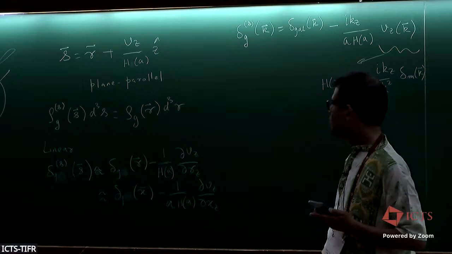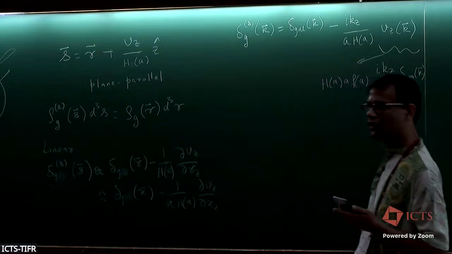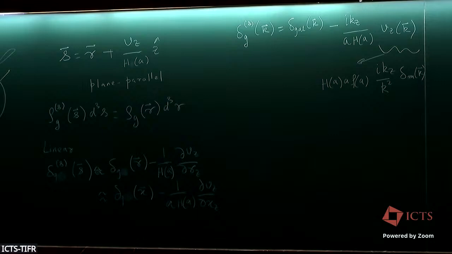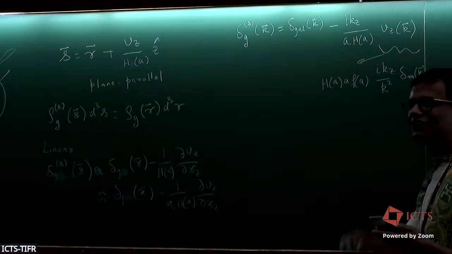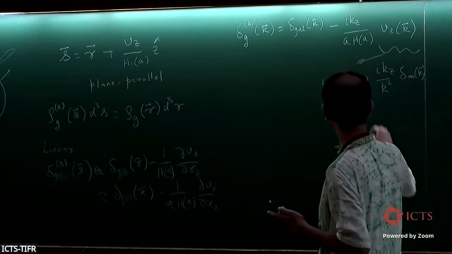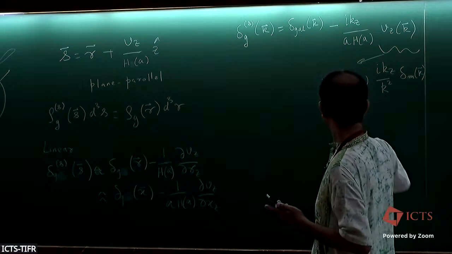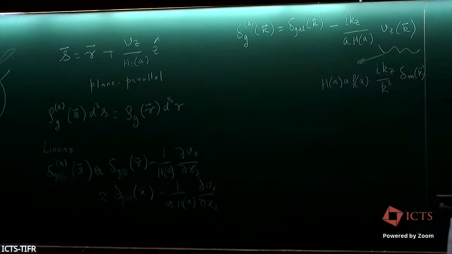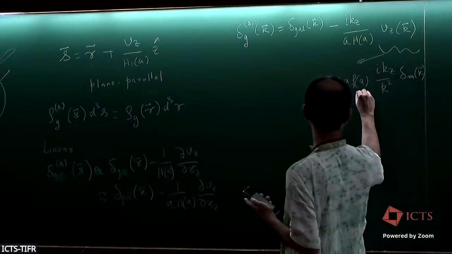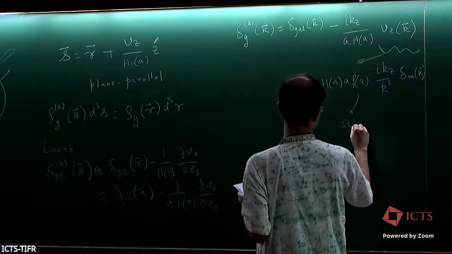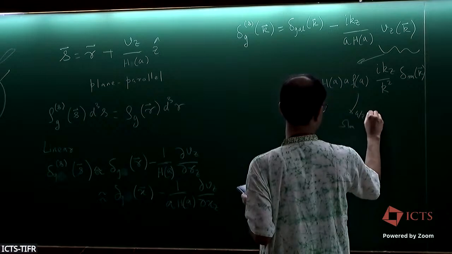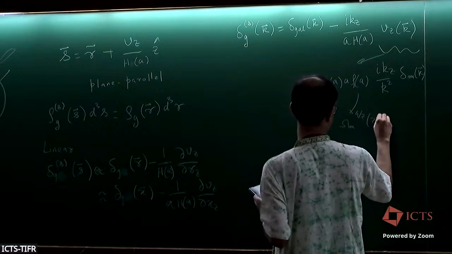And then we replace d dot by a quantity which we call f. f is just the logarithmic derivative of d with respect to log a. These will be in your notes if you have taken them. For a given cosmology this can be calculated. For example, a good approximation is omega m to the power 4 by 7 of z.